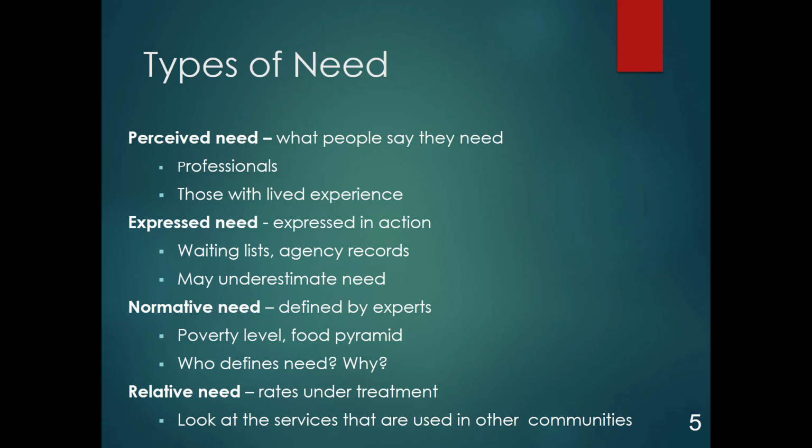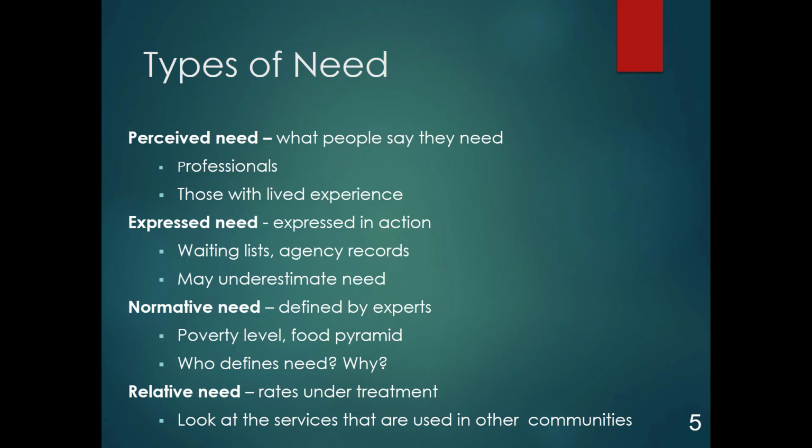So basically, with relative needs, what we're doing is comparing similar situations or similar communities. If you look at a community with 50,000 residents and they require at least one group home for individuals with developmental disabilities, then you can assume that if your community has about 50,000 residents as well, you would need to have at least one group home.